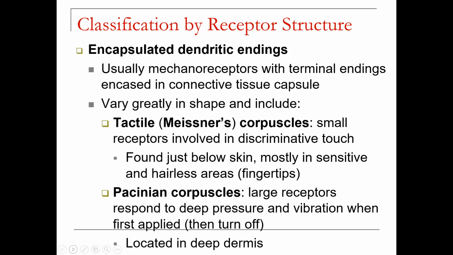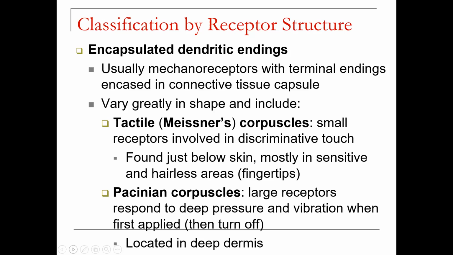The encapsulated nerve endings are mechanoreceptors. It takes more stimulus to activate them. They're surrounded by a capsule of connective tissue. So even looking at it, it takes a greater stimulus to activate one of these mechanoreceptors.